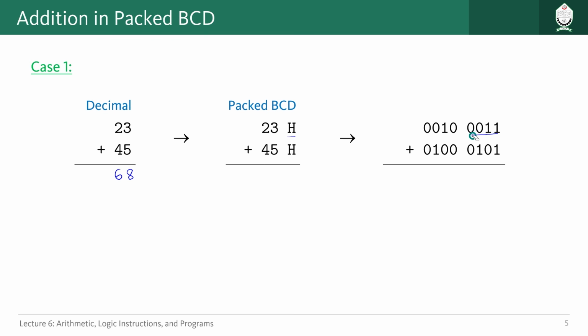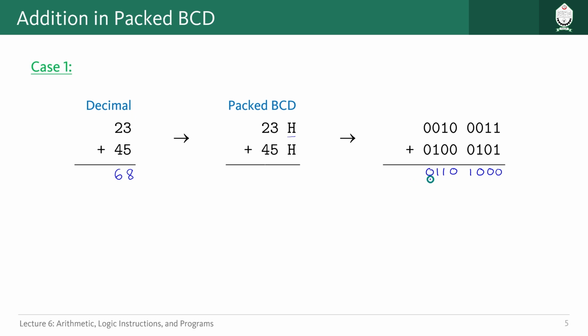Okay, now let us try to calculate in this packed BCD format, try to add these values and look at the result, whether that is actually representing 68 or not. So how should that be? This should be 0 0 0 1, 0 1 1 0.